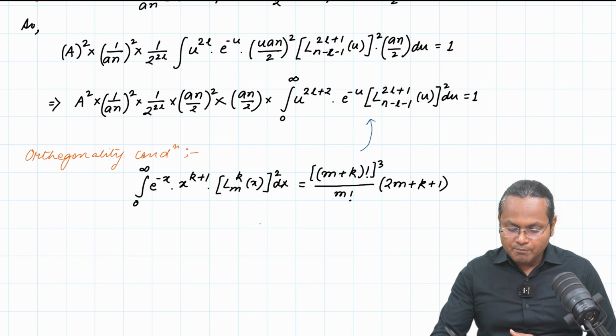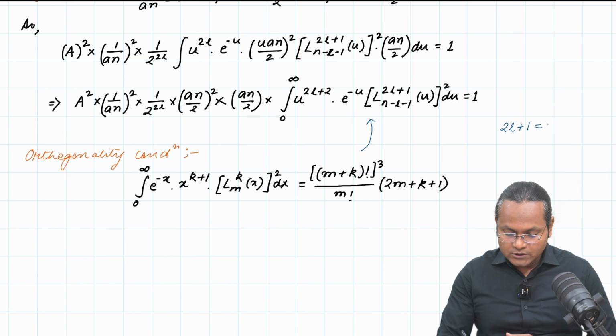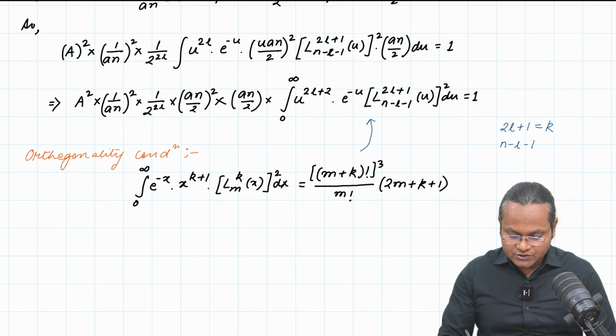If I make a comparison, it is clear that 2l plus 1 is equal to k, and n minus l minus 1 is equal to m.